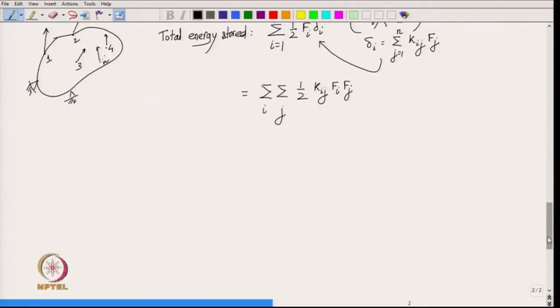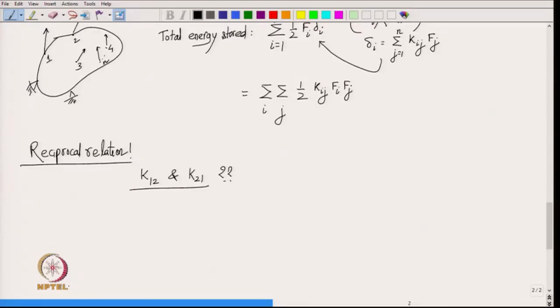Then the next topic is what is called reciprocal relation. Okay. So, is there some relationship between K12 and K21? That is something we want to investigate.